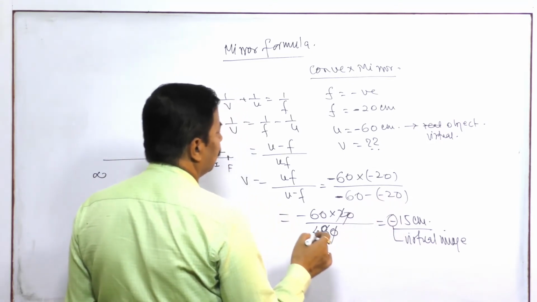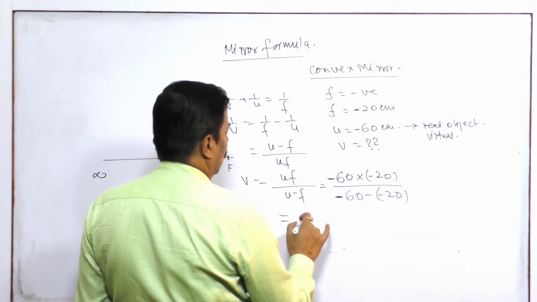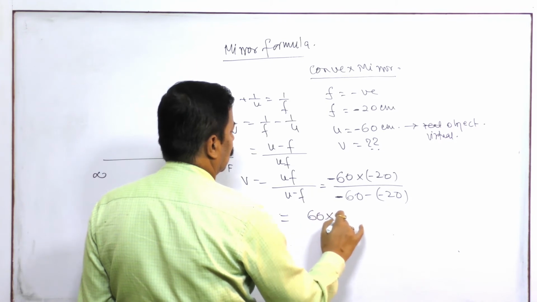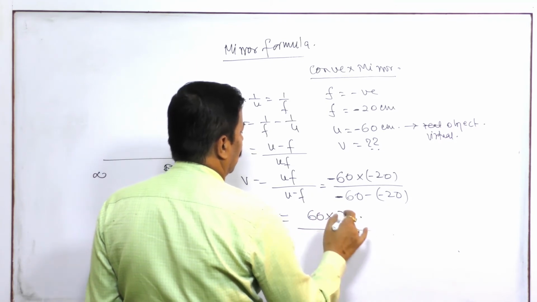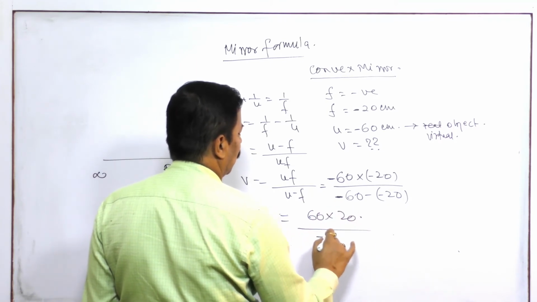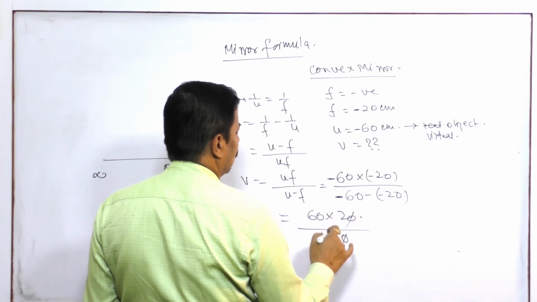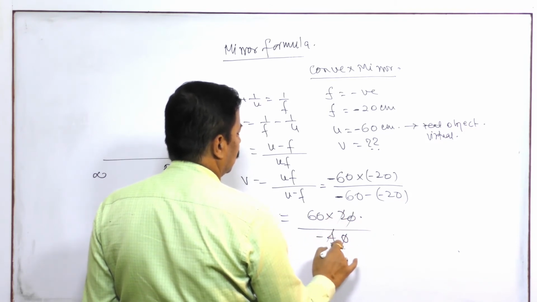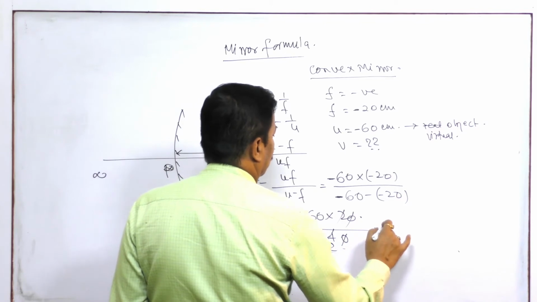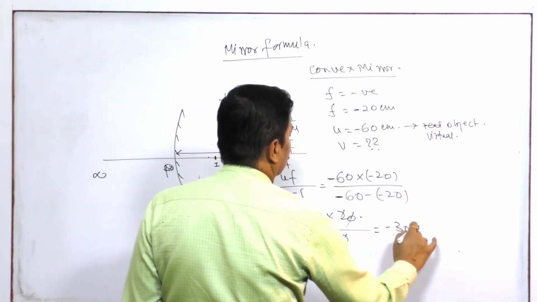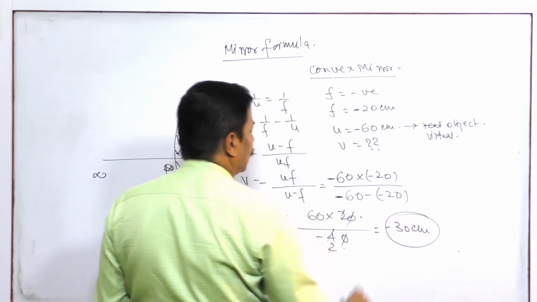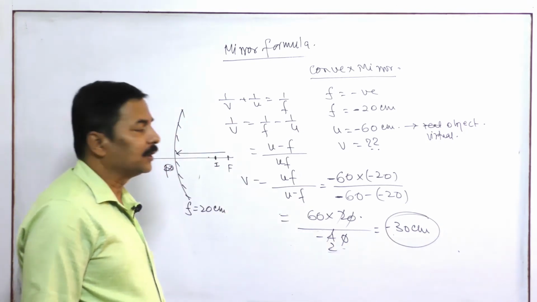So you are getting 60 into 20 by minus 60 minus 40. So it will cancel, 2 to the 4, minus 30 centimeter.